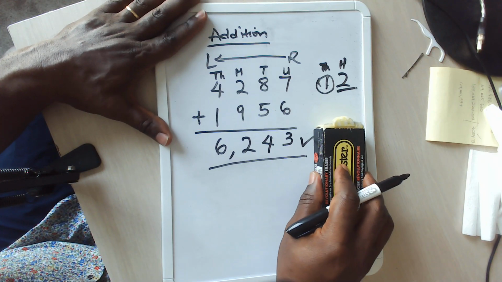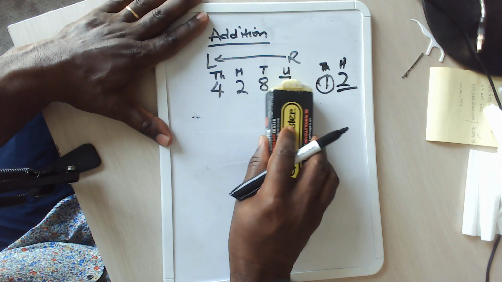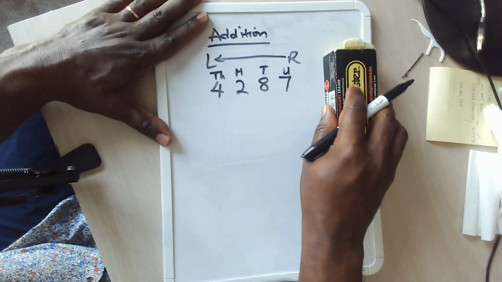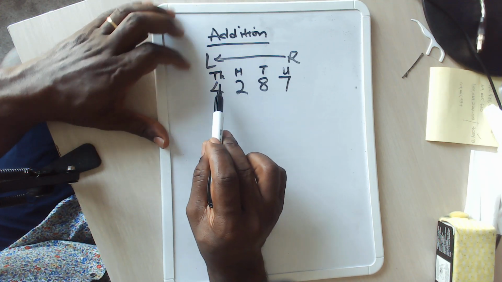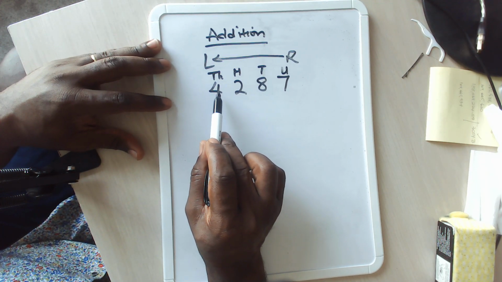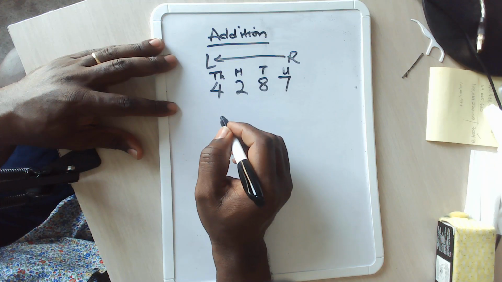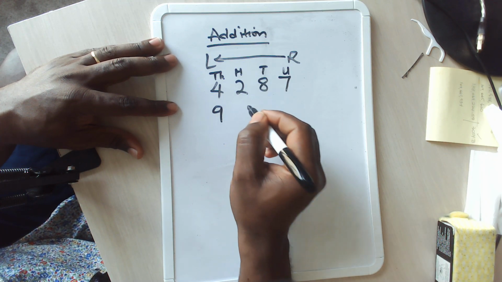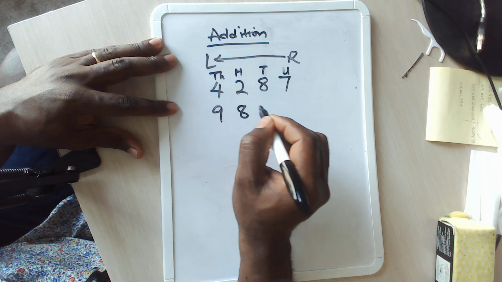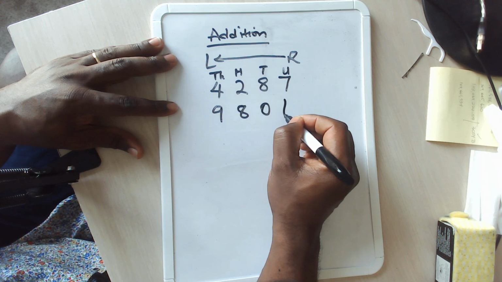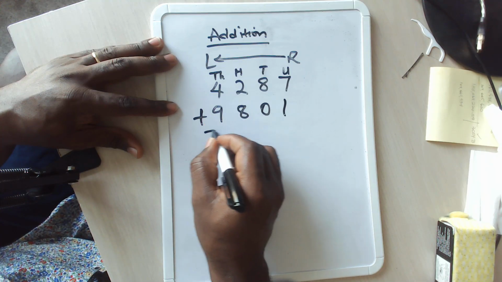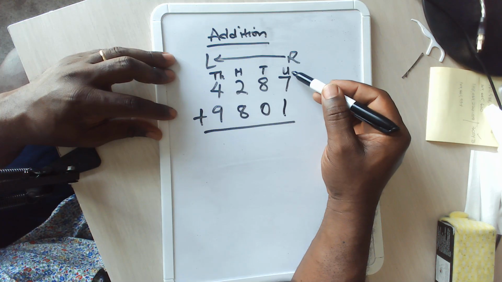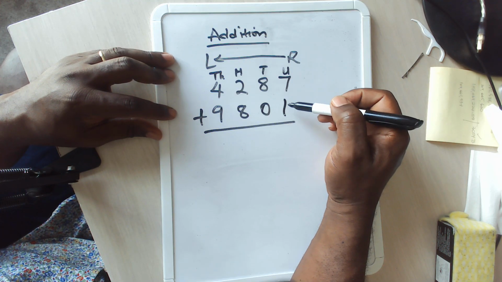Now I'm going to give you an example that will result in having a remainder at the leftmost column. So if we try to add 9,801, if we try to add these two numbers, now from the right, you add 7 plus 1.